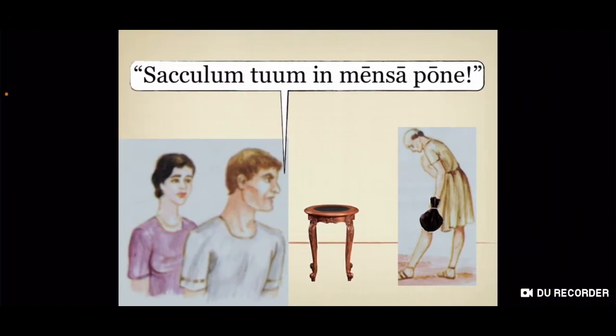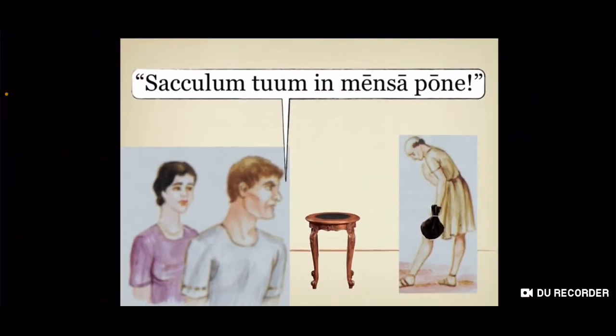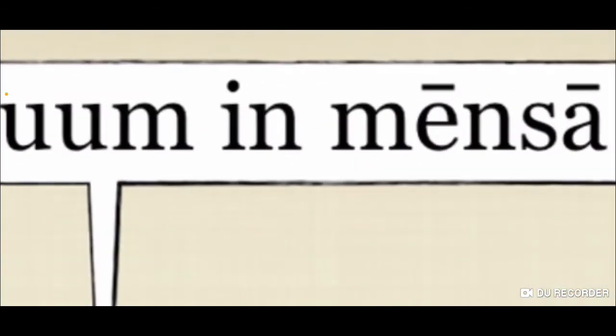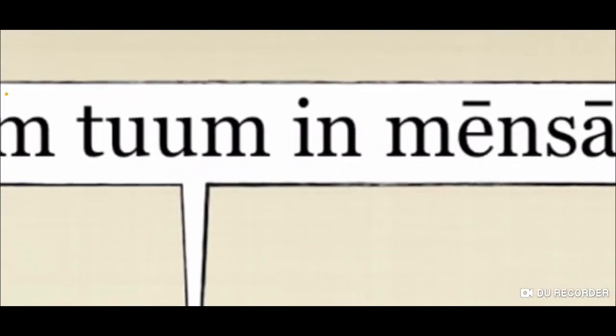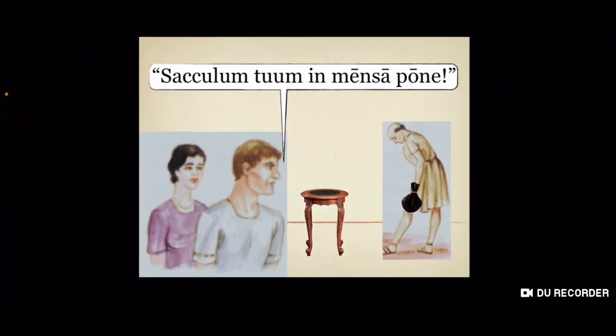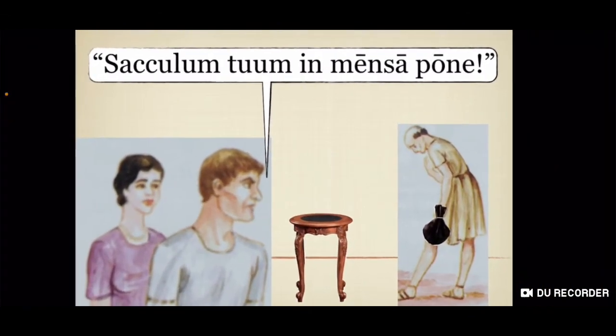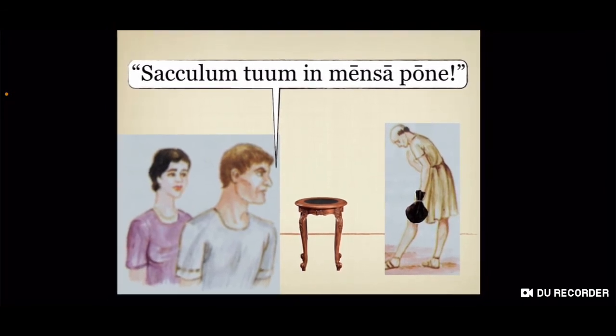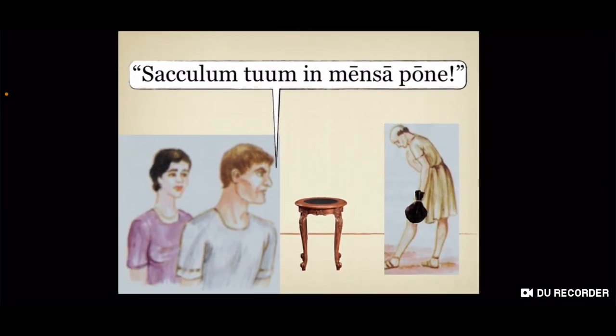Sacculum tuum in mensa pone. Put your sack on the table. Pone. And in could mean on or in based off the context. You'll know automatically, like I just did. In mensa, you know you can't put something in the table, so that can only really mean on the table.